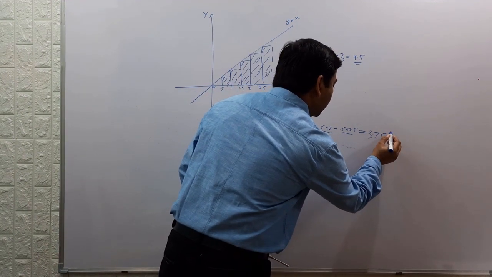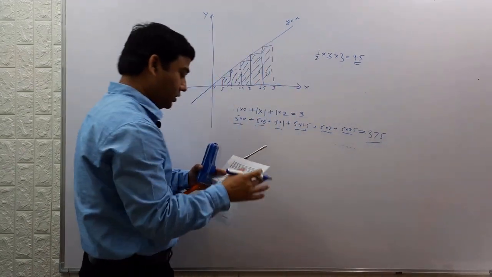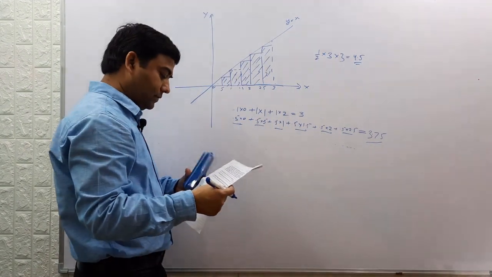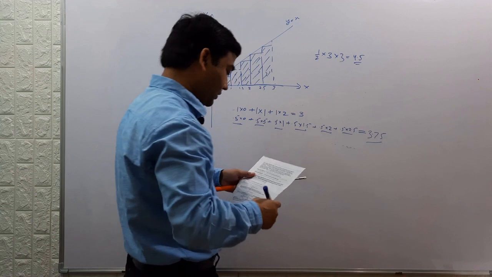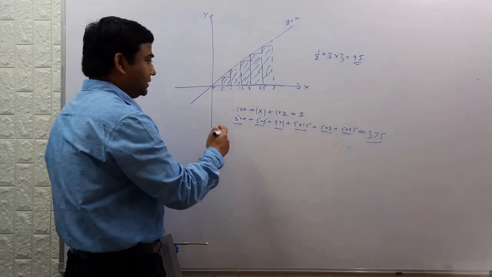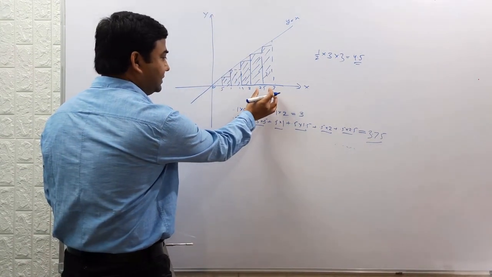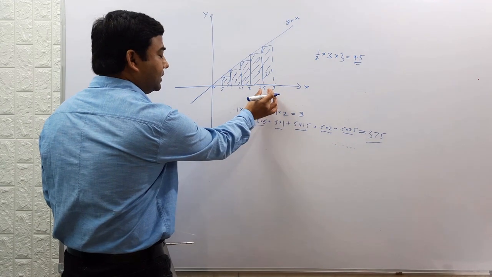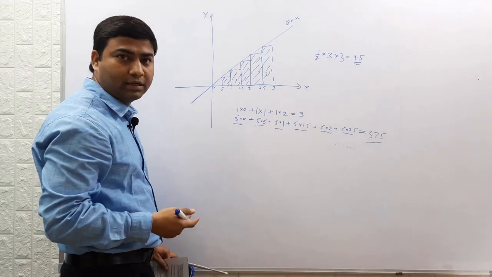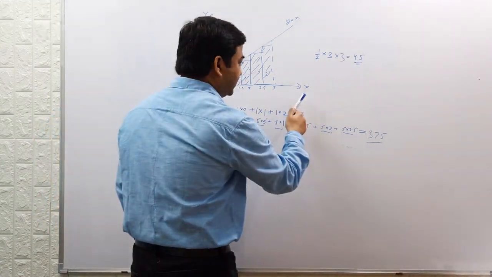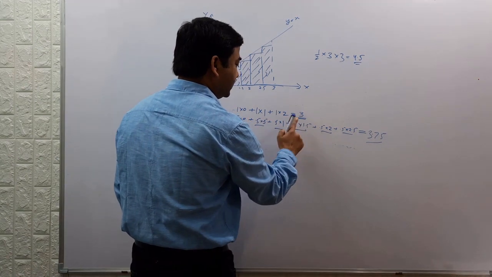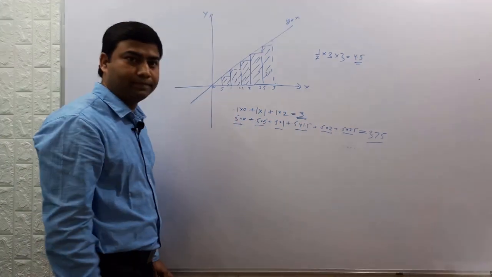I am just taking the already calculated value to save your time. So you can see, when we decreased the width, or increased the number of rectangles, the area has changed from 3 to 3.75.